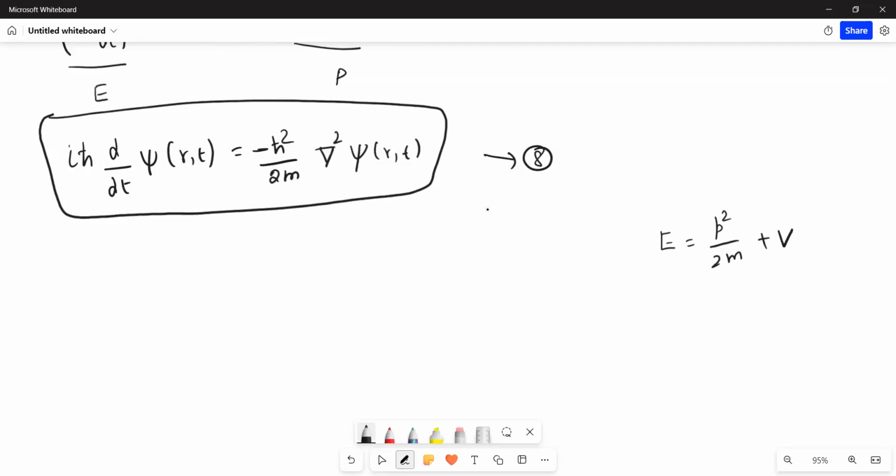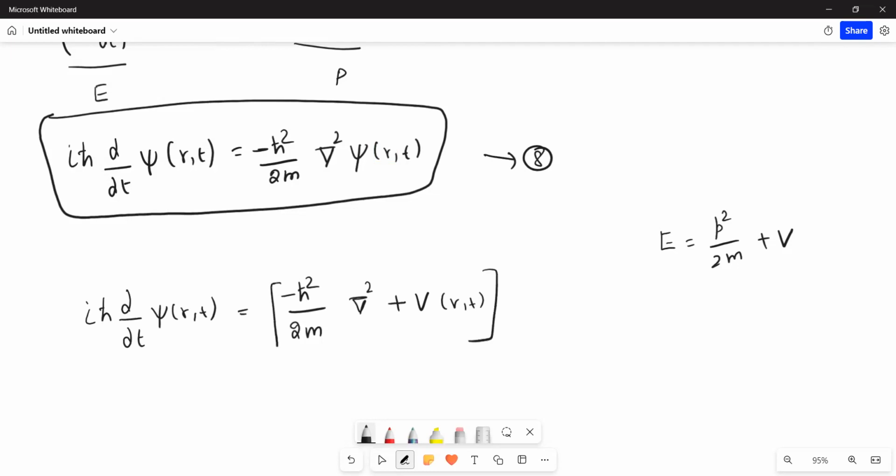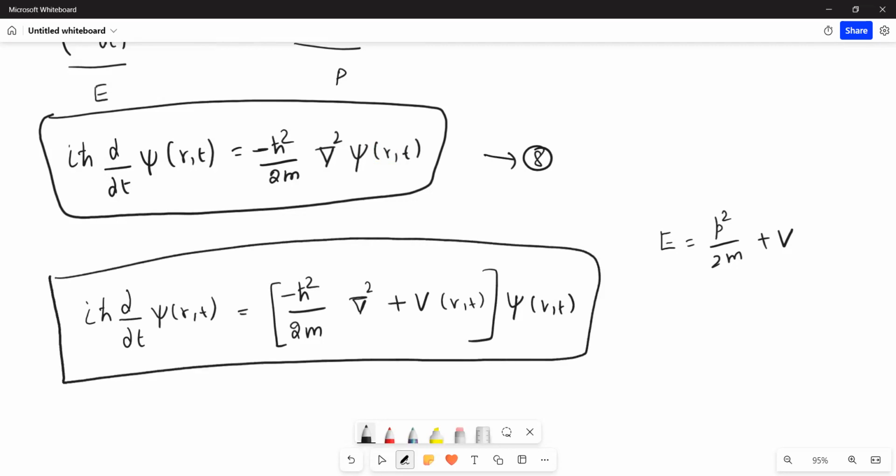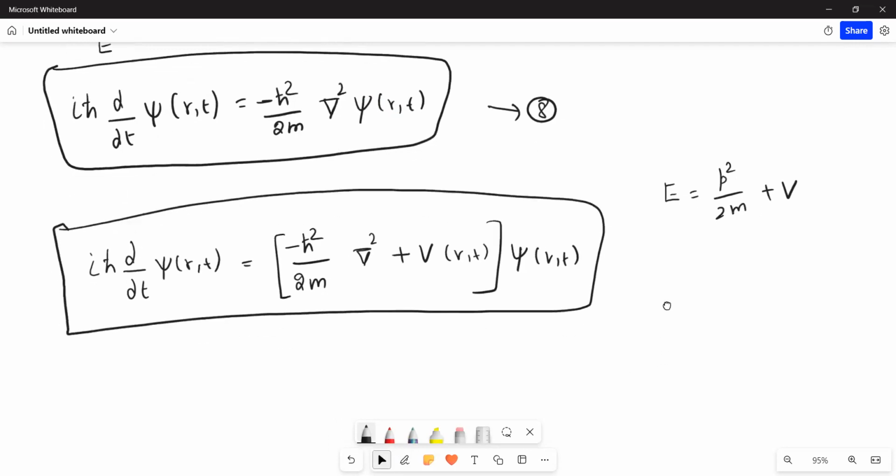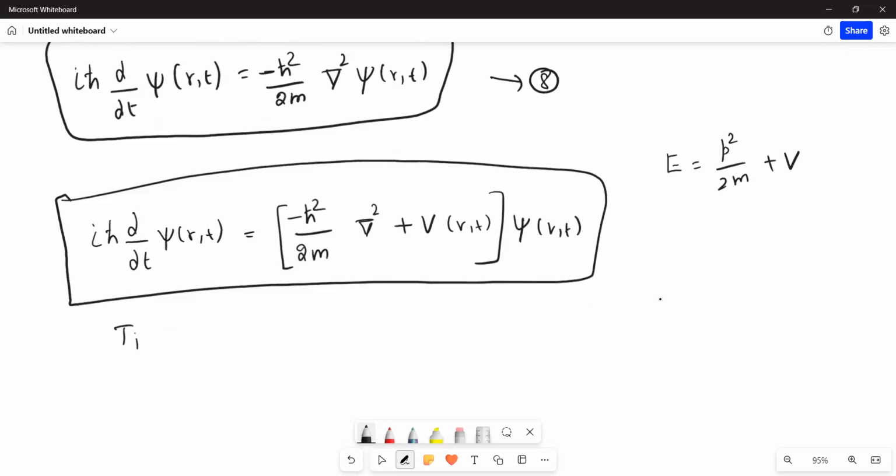Finally it becomes i h cross dou by dou t psi of r comma t equivalent to minus h cross square by 2m del square plus the potential term V of r comma t, which you can add. It's a common term, so you take psi of r comma t. So this is the total equation, the time dependent Schrodinger equation.